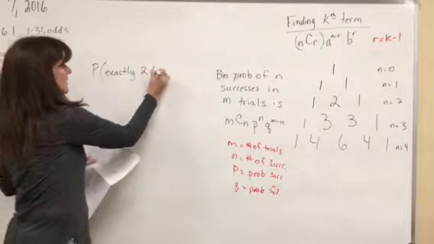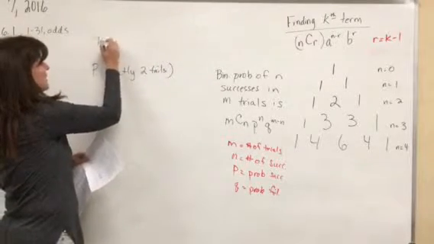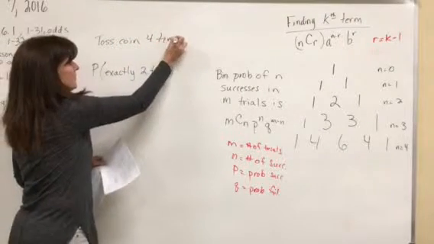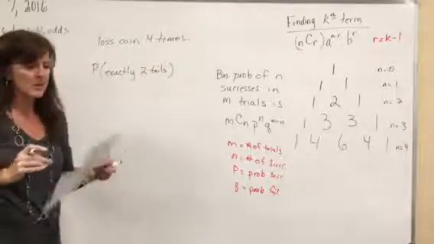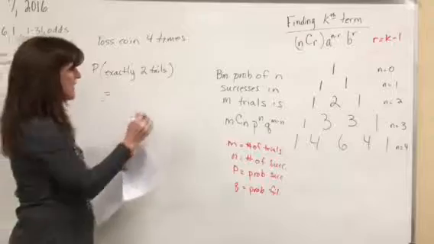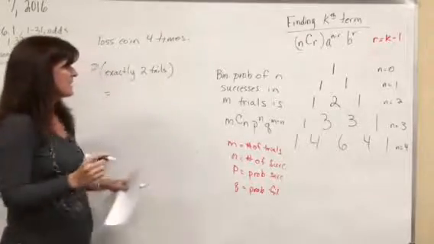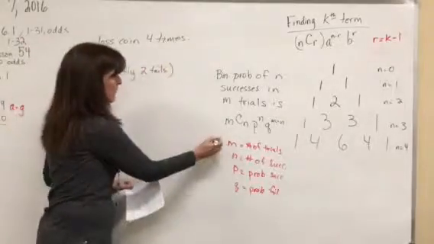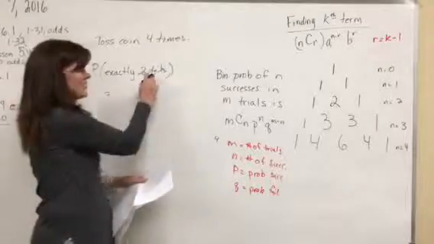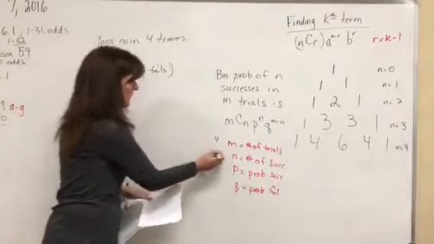So if I want to know what is the probability of exactly 2 tails given you toss a coin 4 times, well, remember, we want m, we can go ahead and write this. M is going to be what? The number of trials, you have 4. N is the number of successes. Remember, tails are what we're looking for. How many successes are we looking for? 2.